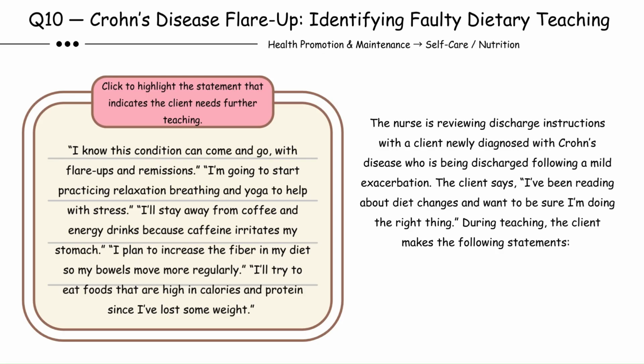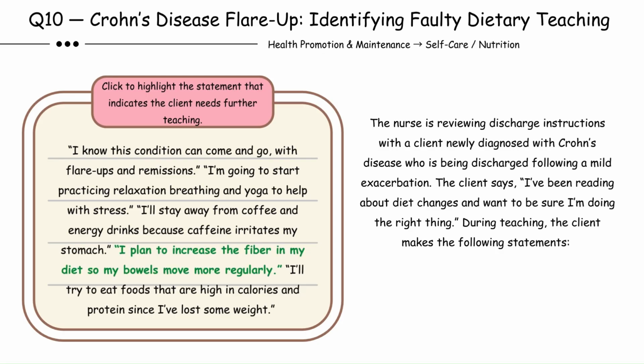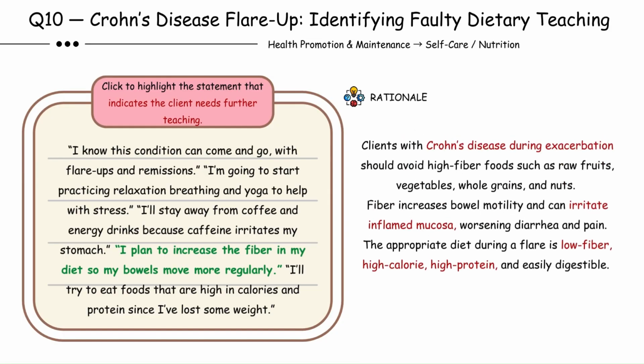The incorrect statement is, I plan to increase the fiber in my diet so my bowels move more regularly. Let's look at the reasoning behind this choice. During a Crohn's disease flare, the bowel is inflamed and the mucosa is extremely sensitive.